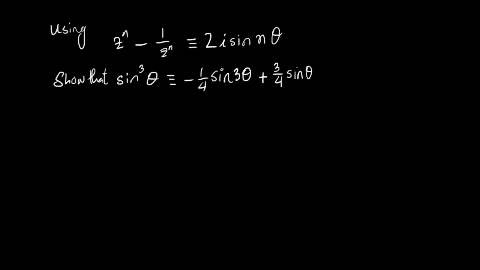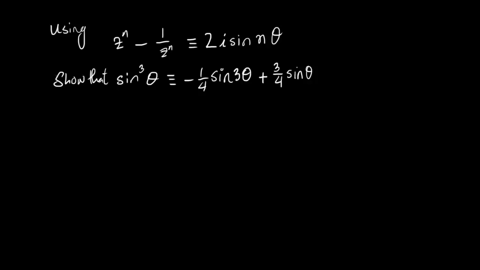Using z to the power n minus 1 by z to the power n identical to 2i sine n theta, show that sine cubed theta is identical to minus 1 by 4 sine 3 theta plus 3 by 4 sine theta. Now before we begin, let's talk about one thing.